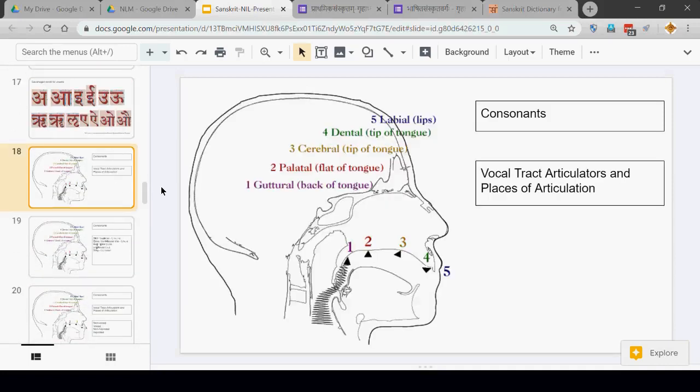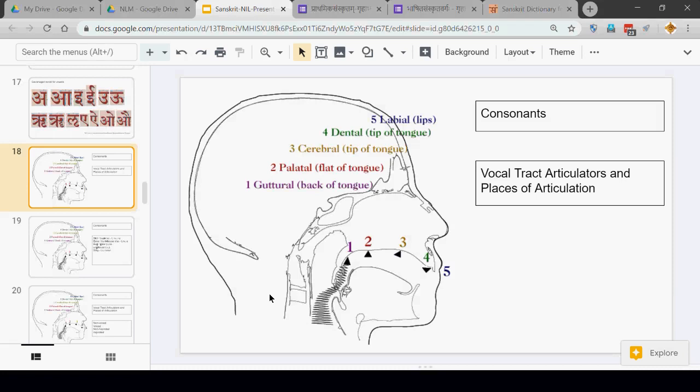Basically, these are the different parts in the mouth, in the vocal cavity, where the tongue or the lips act in different ways, trying to stop the air at different points in the vocal cavity.